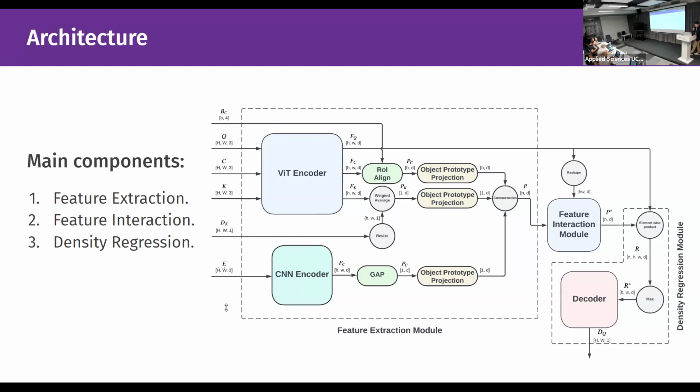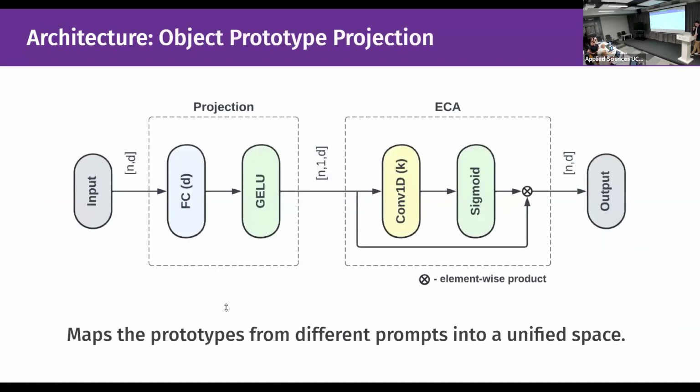As you can see in the diagram, there is also an object prototype projection module. So what is its function? Given that the object prototypes come from various types of prompts, they inherently carry slightly different features. So to address this variability, we incorporate an additional projection module.